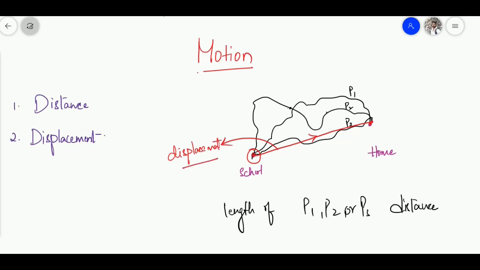Coming to the same story, in all these paths P1, P2 and P3, the driver doesn't move in a particular standard direction. Let's say the driver came till here and he wants to travel in this path, and this distance doesn't have any direction.